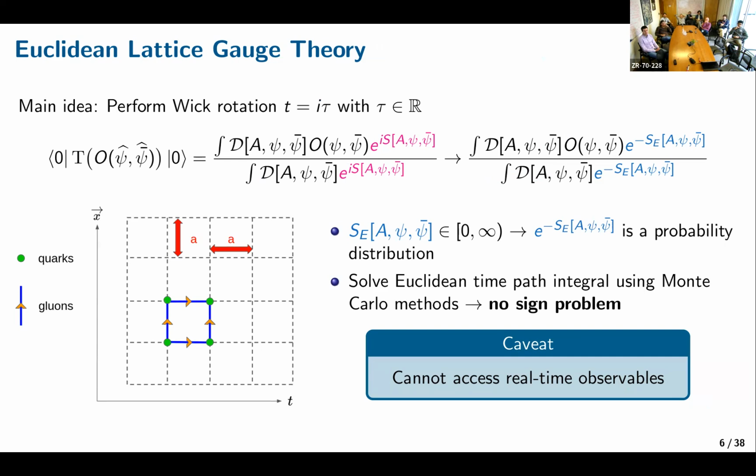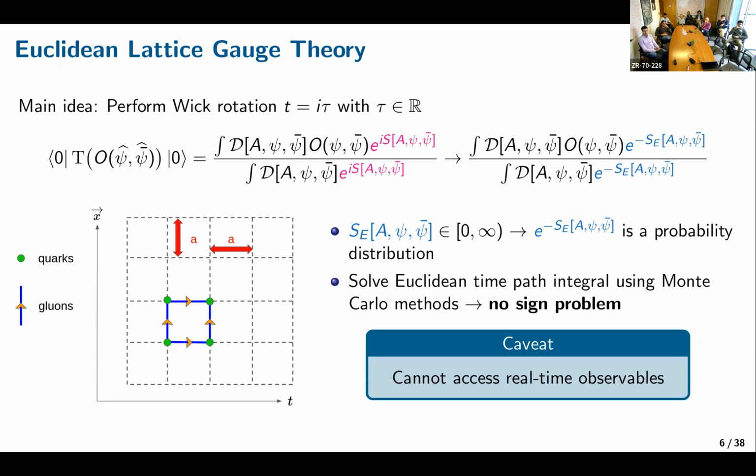If you work through this and replace t everywhere with i tau, you instead get this Euclidean action here in blue. This Euclidean action is a real number, and it's positive. So the exponential of minus the Euclidean action has all the nice properties of a probability distribution. What this means is that you can solve the Euclidean path integral numerically using Monte Carlo methods and importance sampling.